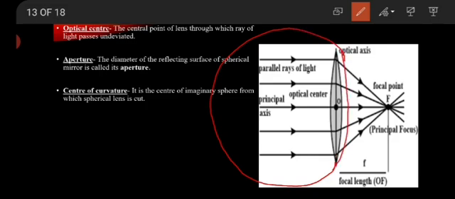Let us consider this as a sphere which is cut according to the requirement, and if we complete the sphere and obtain the center of the sphere, this is called the center of curvature, which is nothing but the center of the imaginary sphere. We have to imagine a sphere from which the spherical mirror or lens is cut, whose center is considered as the center of curvature.